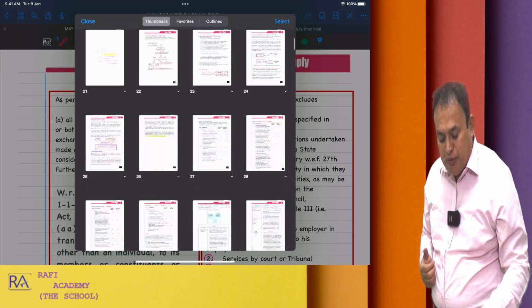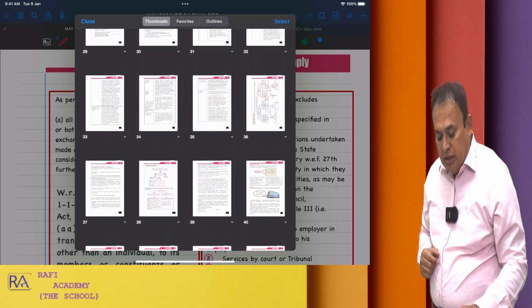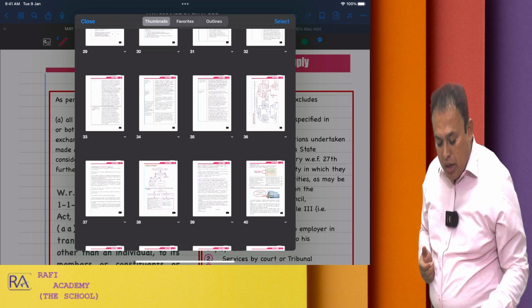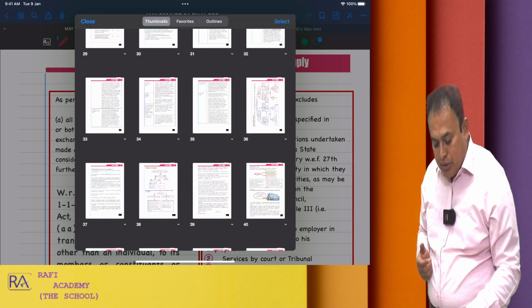They are as follows, my friends. There are almost 8 types of elaborate transactions where supply excludes.